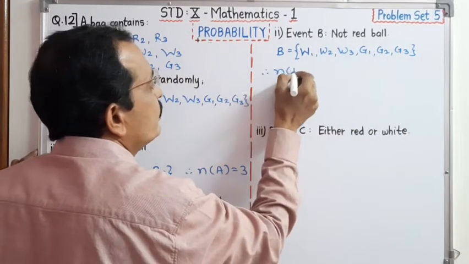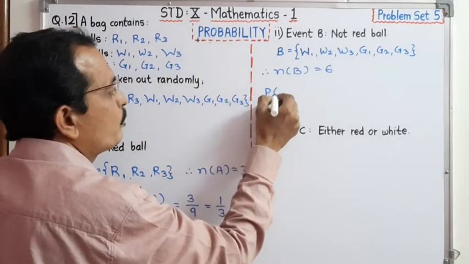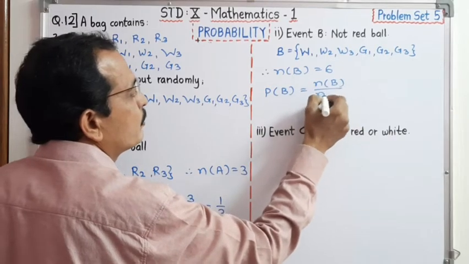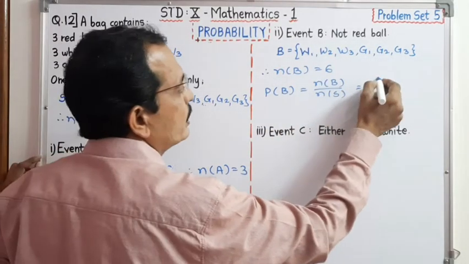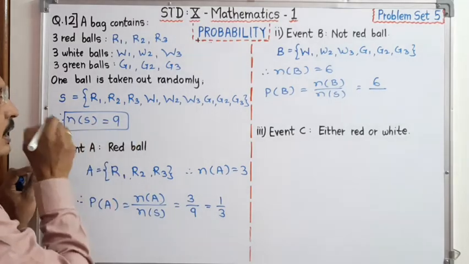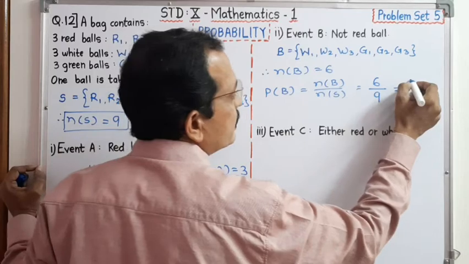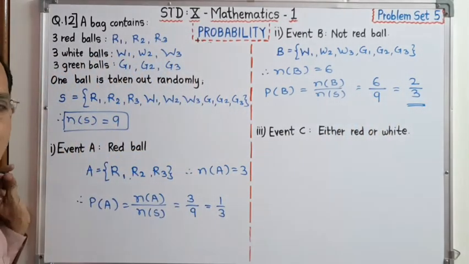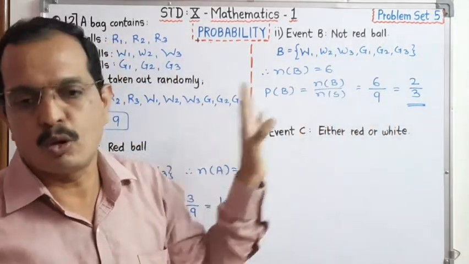Therefore, the number of event B is equal to 6, and we have to find the probability of event B, which is equal to number of B upon number of S. Now dear student, what is the number of B? We have written here 6, and the number of S is 9. Therefore 6 upon 9. If we simplify this, it is 3 twos are 6 and 3 threes are 9. Therefore the probability is 2 upon 3. That means out of 3, there are 2 chances of getting a not red ball.